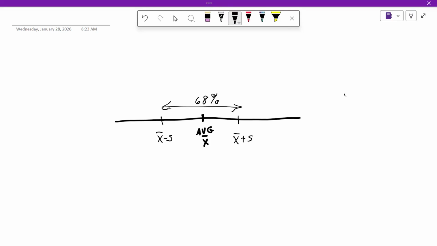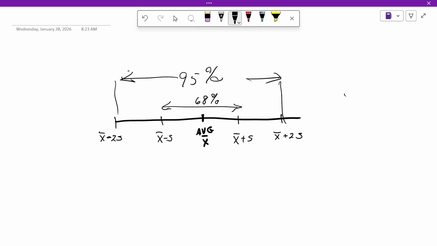And that's the first statistics bet we can make. If I go up 2 standard deviations and 2 standard deviations down, the bet is 95% of the population is in those limits.